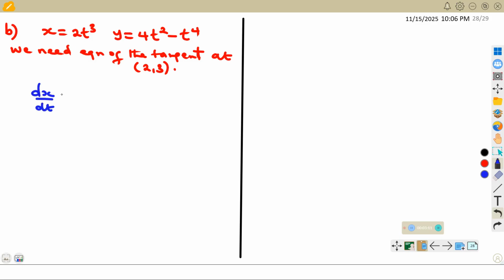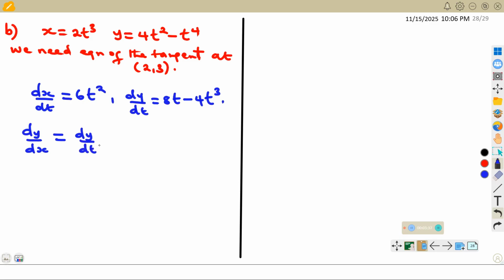What will be dx dt? dx dt will be the same as 6t squared, and dy dt will be the same as 8t minus 4t to power 3. So from this, we can get dy dx, which will be the same as dy dt times dt dx.